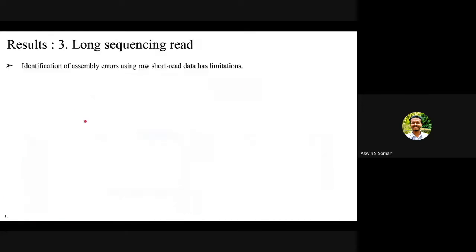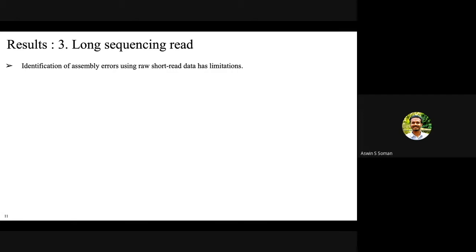To further validate, we checked long sequencing reads. The identification of these changes from short reads, even from the raw reads, has some limitations, such as lack of long-range accuracy of the genome.